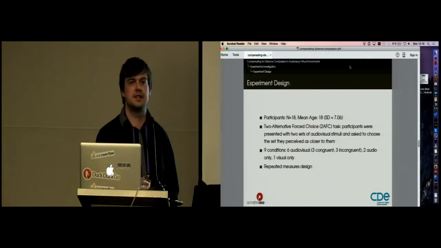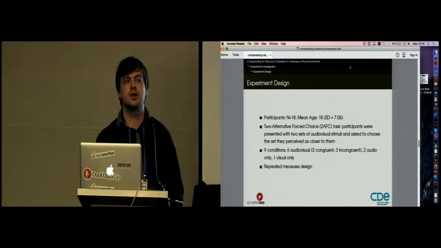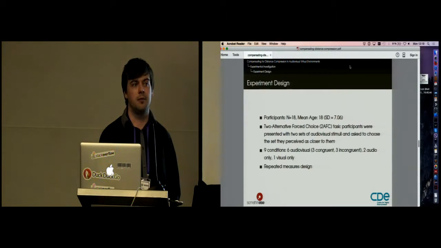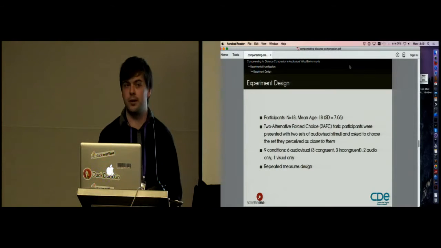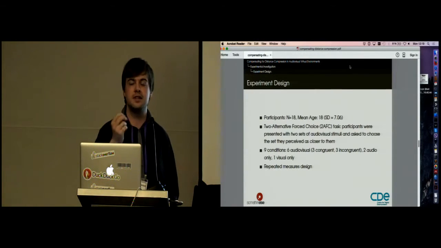For the actual experiment, we went for a within-subjects design, using what's called a two-alternative forced choice. The task was that people would receive a virtual audiovisual object. It would appear at a location, then disappear, then appear again at a slightly different location. We asked people to choose the one they perceived closer to them.